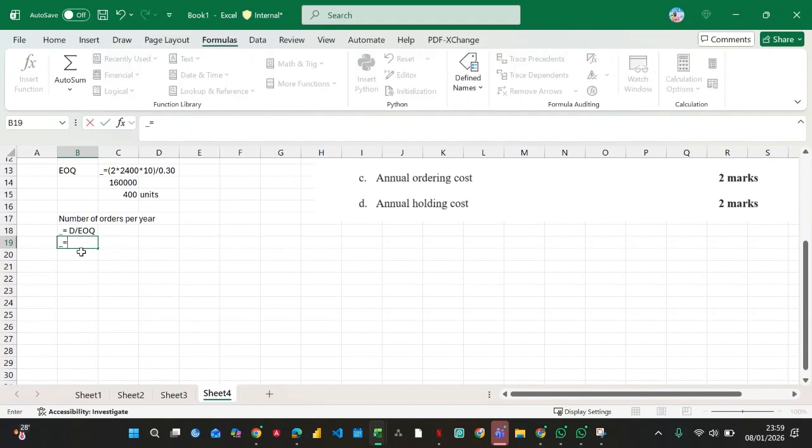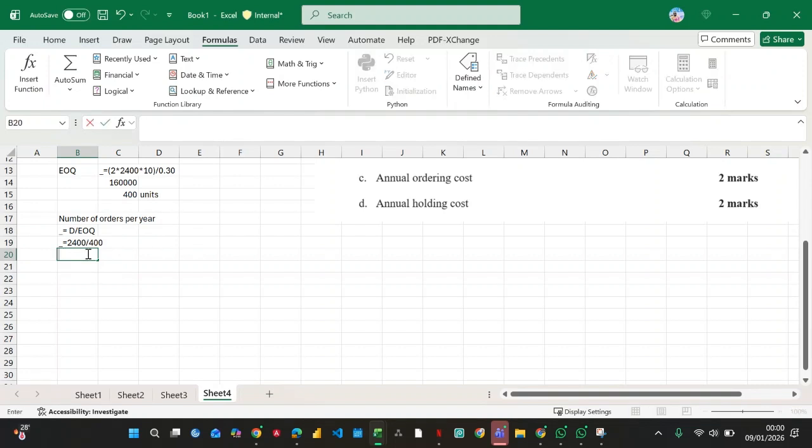We already have our EOQ, which is 400 units. So the D here is 2400 divided by 400.